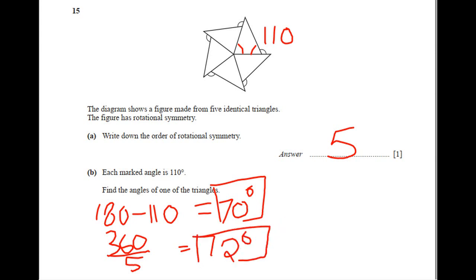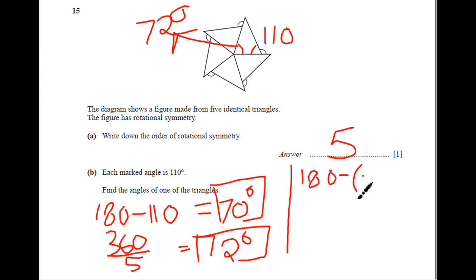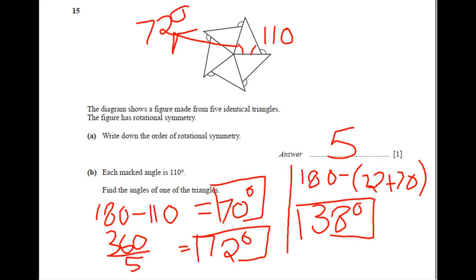Now we can easily find the third angle. We know that sum of 3 angles in a triangle is 180 degrees. So simply subtract 72 and 70 from 180 and we get 38 degrees, which is the third angle. This is the final answer for part B.